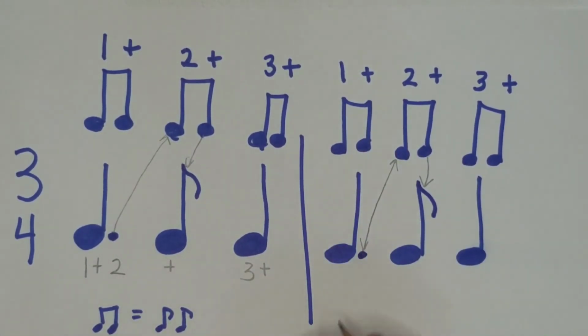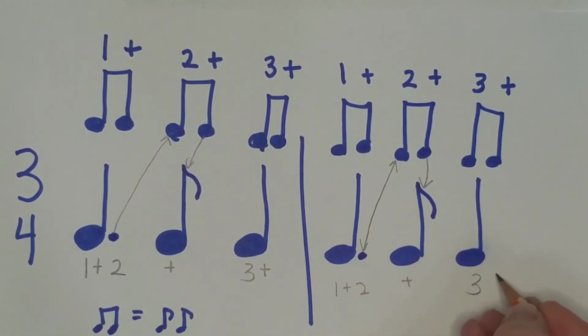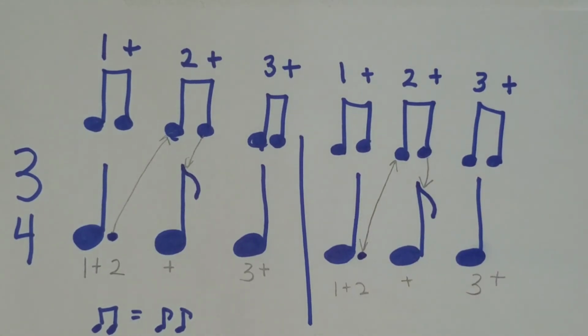So this is 1 and 2, and then this is the and, 3 and. So now we have a rhythm that is 1 and 2 and 3 and. 1 and 2 and 3 and.